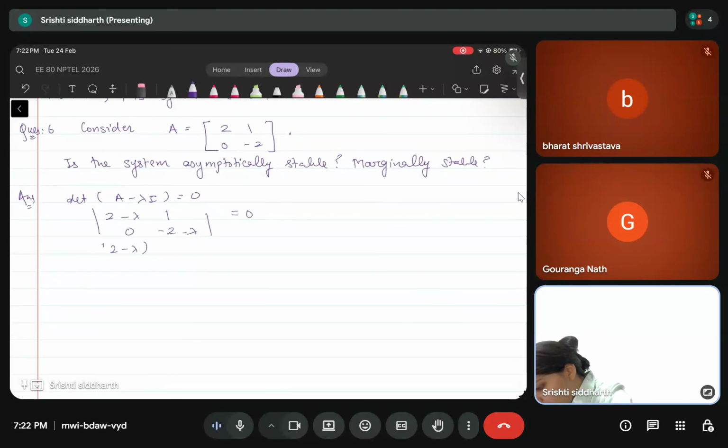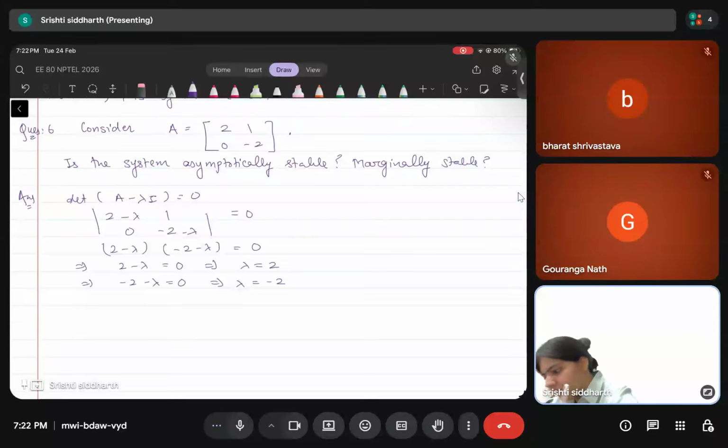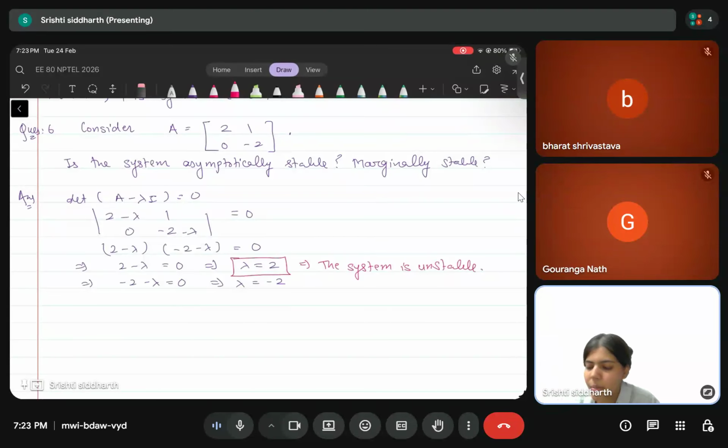Alright, so we have 2 minus lambda, which implies lambda equals 2, and minus 2 minus lambda equals 0, which implies lambda equals minus 2. We have an eigenvalue with positive real part. Therefore, the system is unstable. Since the system is unstable, we don't have to talk about marginal stability, right?